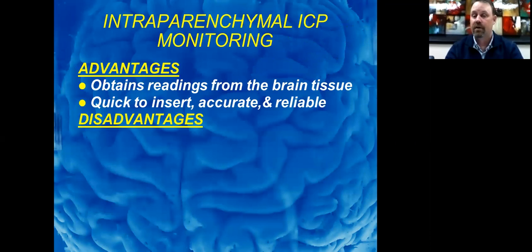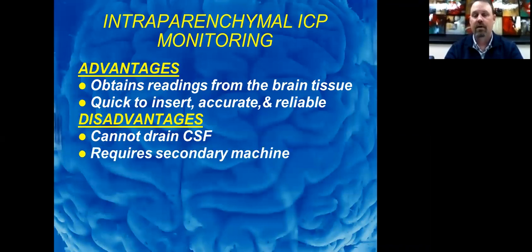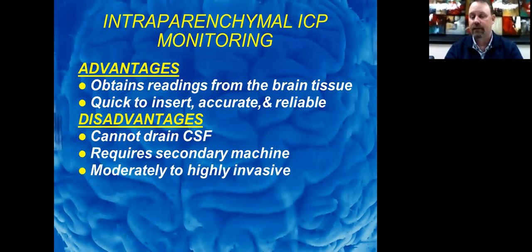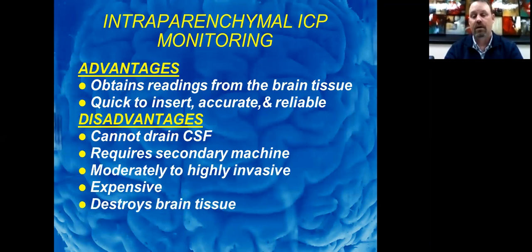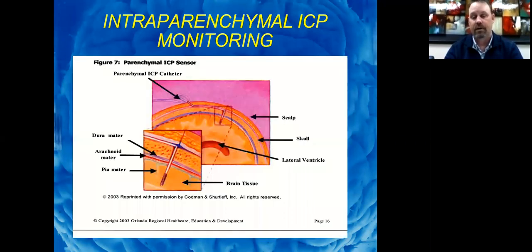Quick to insert, accurate, and reliable. The disadvantages: it can't drain the CSF either, requires a secondary machine, moderately to highly invasive. You're actually going into the brain tissue. It's very expensive, and it does destroy the brain tissue that it's going into.